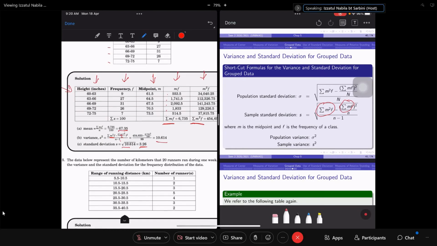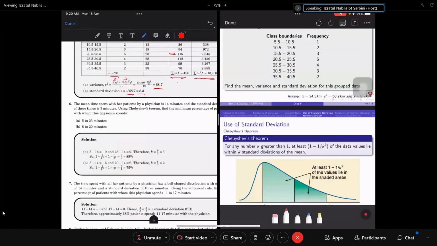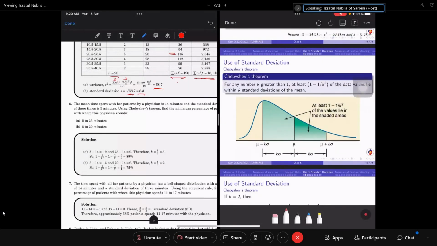Alright, now question 6, we go to the use of standard deviation, using the Chebyshev theorem. Let me see, this one. Use of standard deviations, the Chebyshev theorem. So the Chebyshev theorem is actually where we want to calculate what is the number of standard deviations it is from the mean.